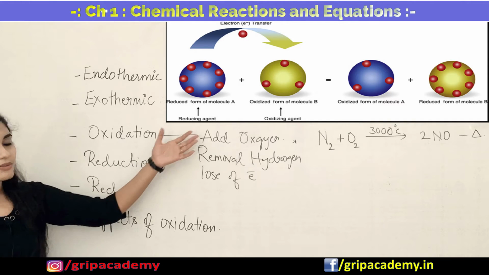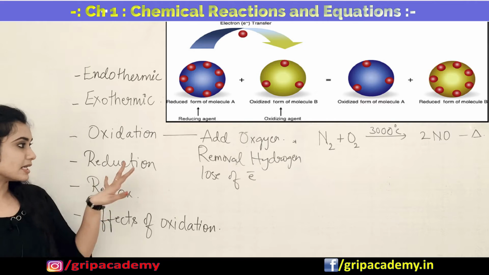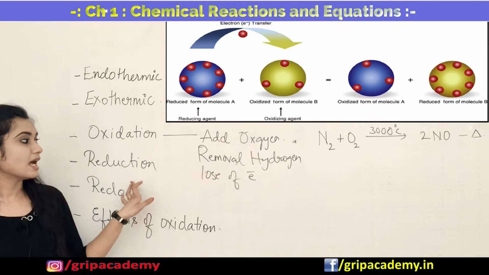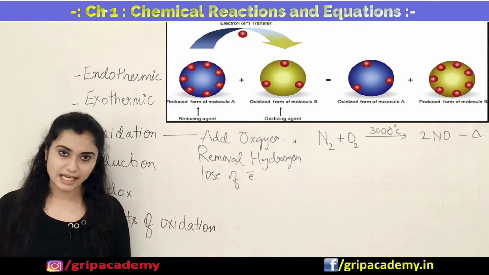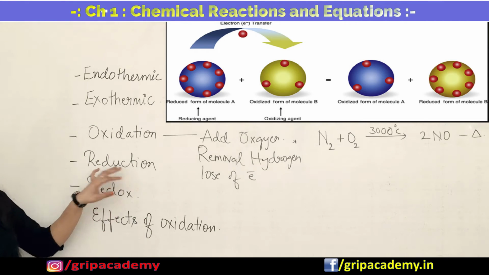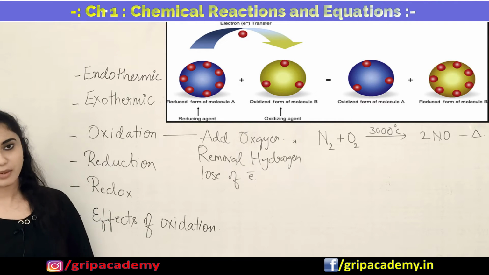And reduction is vice versa: if there is a removal of oxygen and addition of hydrogen, and if there is a gain of electrons, you can call that a reduction. Now let us understand this by considering a few examples.